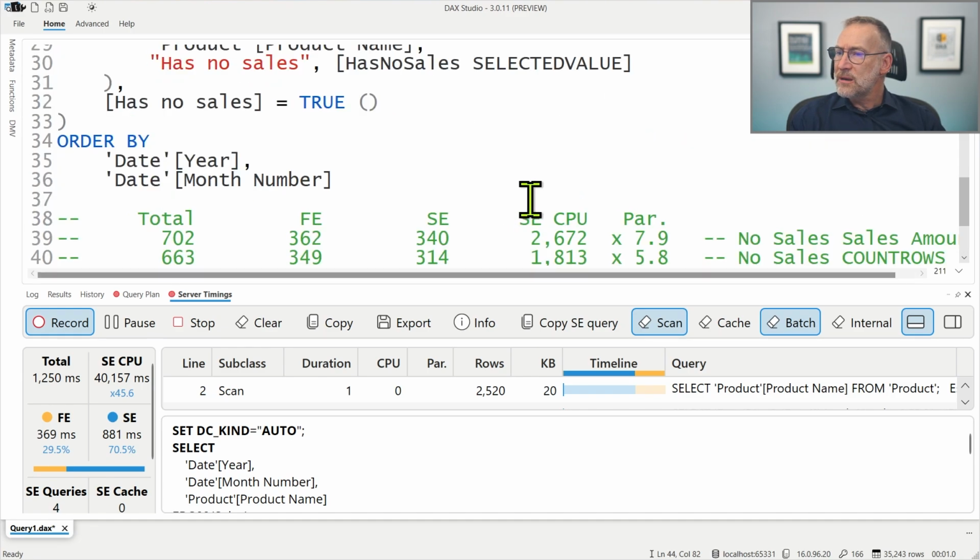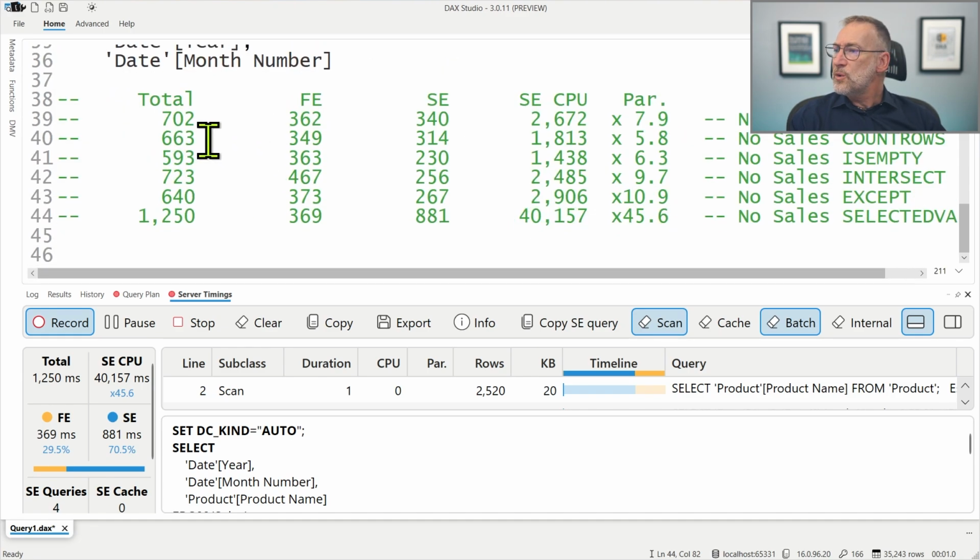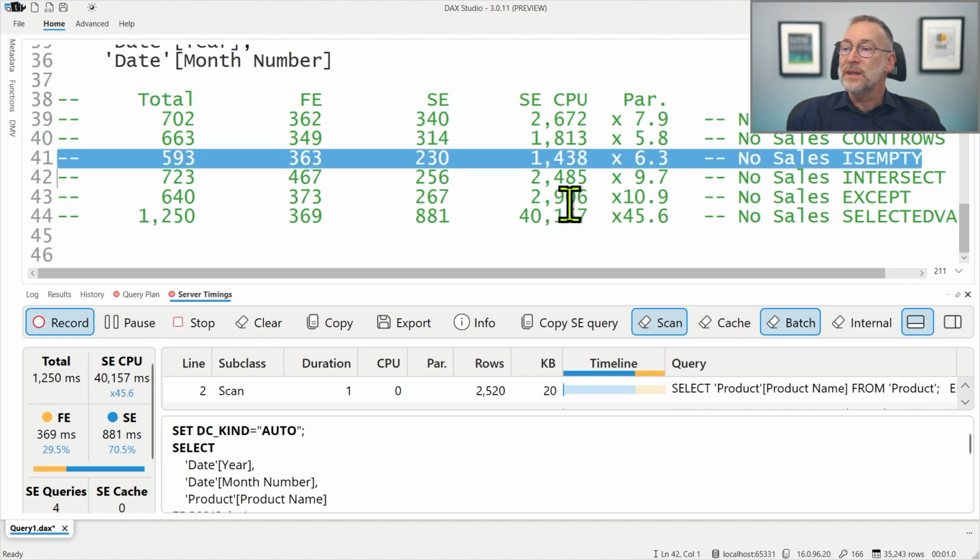And we can now draw some conclusions. If we were to make a choice between the different versions, which would be our winner? Well, this is pretty clear. The version with is empty, because it's consistently faster than all the other queries. It's better from the storage engine point of view, from the formula engine point of view. It's not the best in every respect, but overall it is definitely the best.